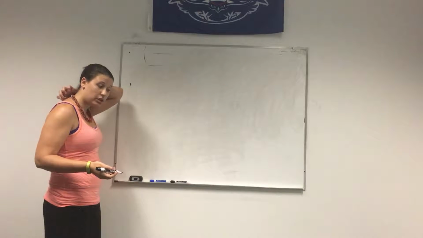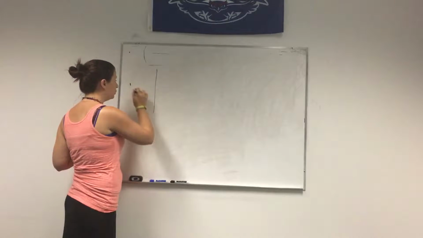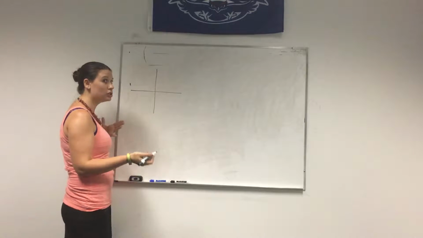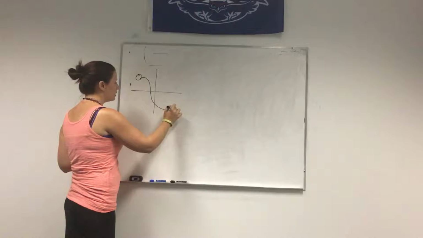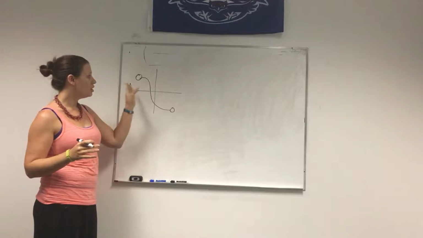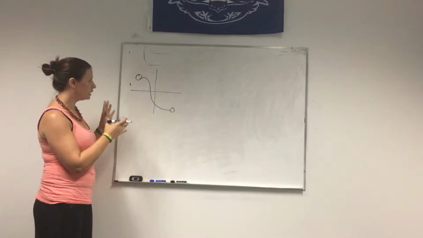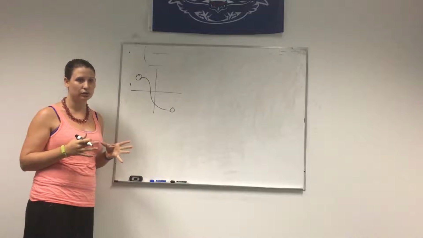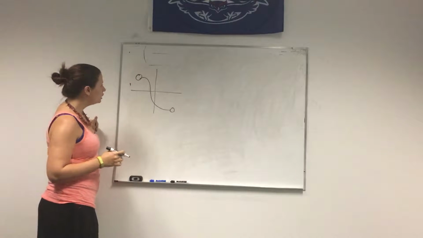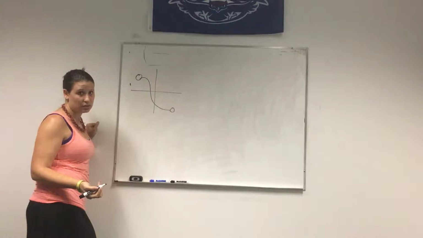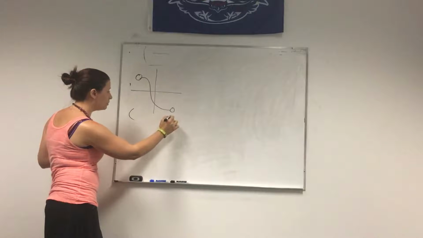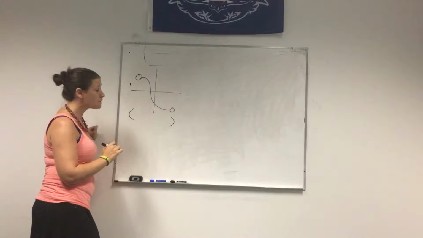If we're looking at a specific graph, we need to know what it looks like to be able to tell. So if we have something like this, it doesn't really matter what the values are. We just want to figure out how to set this up. With empty circles on the ends, interval notation means those would be parentheses, right?